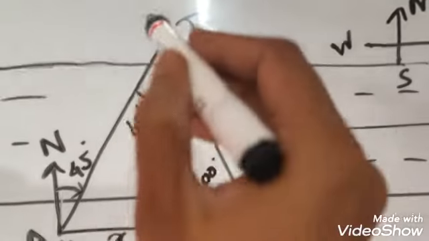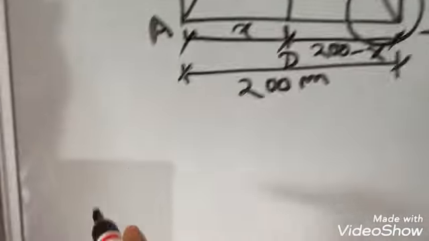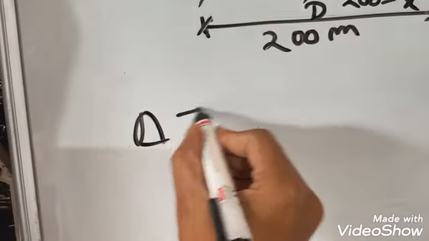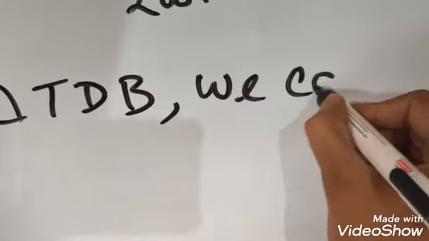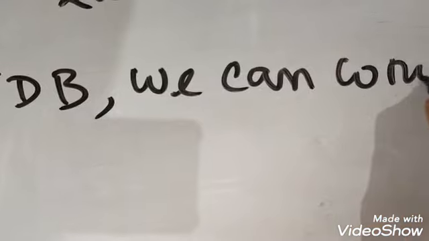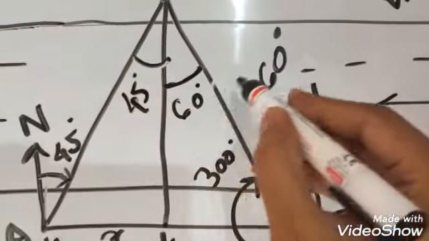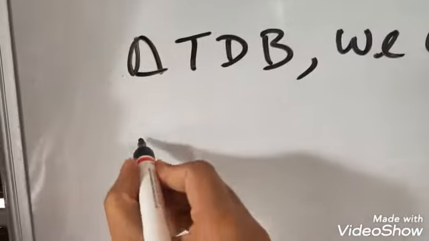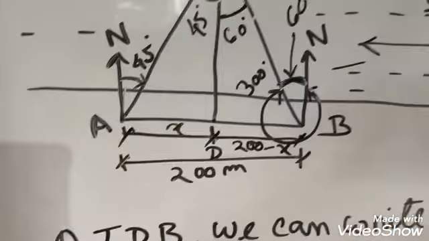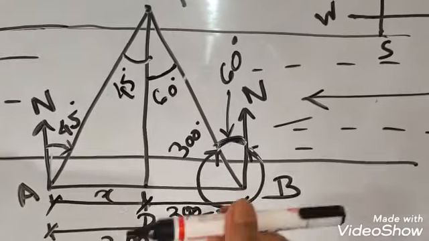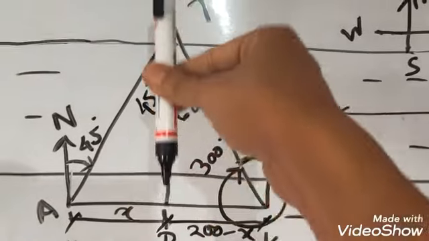Now let us consider this triangle TDB. From triangle TDB, we can write, what is this angle? 60 degrees. So let us take tan of 60 degrees. Tan theta is equal to perpendicular by base. This is the perpendicular for this angle and this is the base.